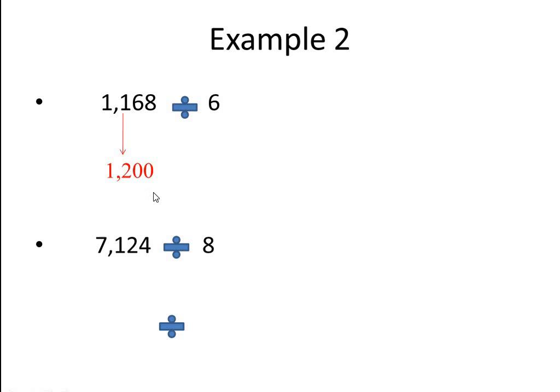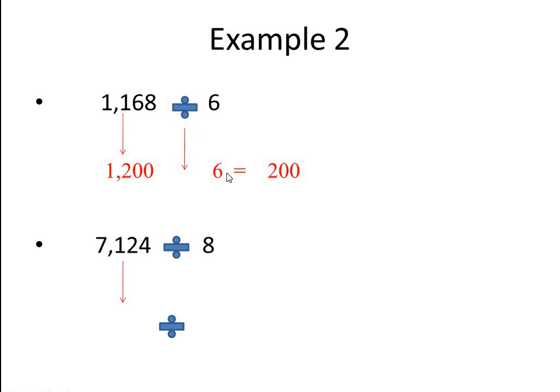Because if you ignore the zeros and look at the 12, it's one of the 6 multiples, since 6 times 2 gives you 12. So you will divide 12 by 6, it's 2, then you will bring back the 2 zeros.